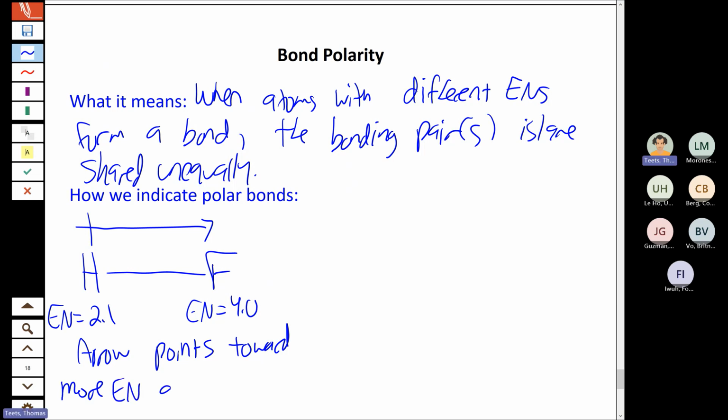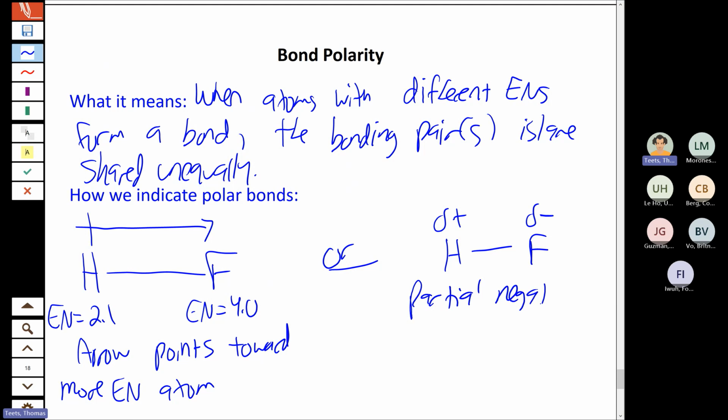So that's one way to indicate polar bonds. You have an arrow pointing towards the more electronegative atom. Probably the more common way in chemistry is in this way here. So we have the two atoms bonded to each other, and you put a lowercase delta with a positive and a lowercase delta with a minus. So in this case, you indicate a partial negative charge.